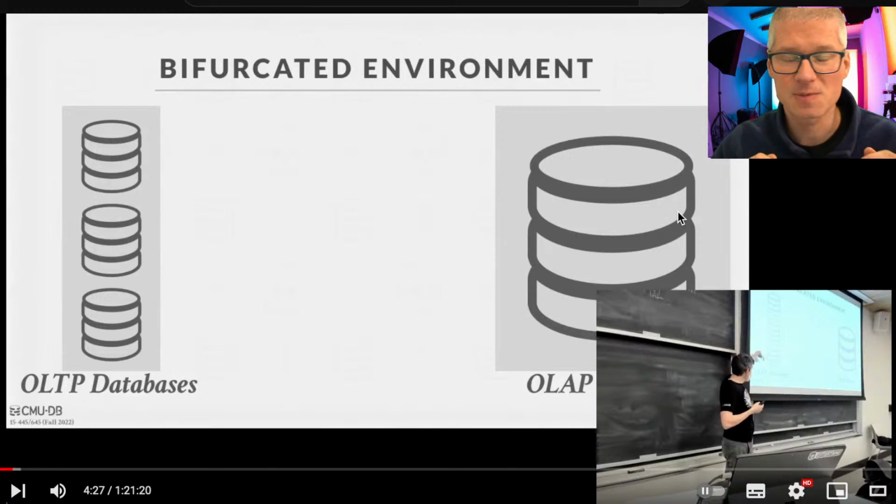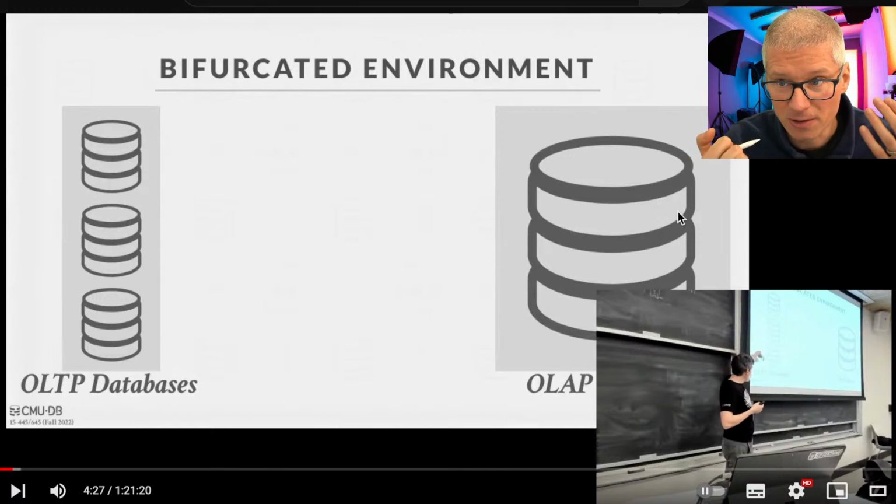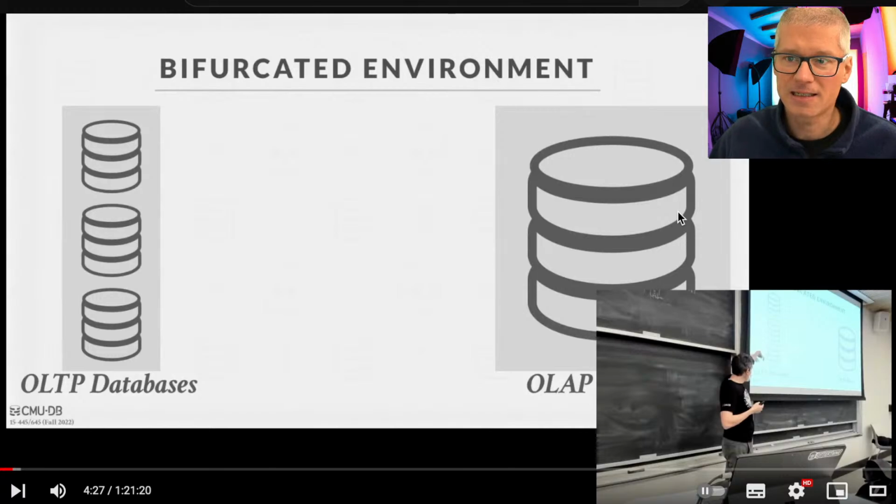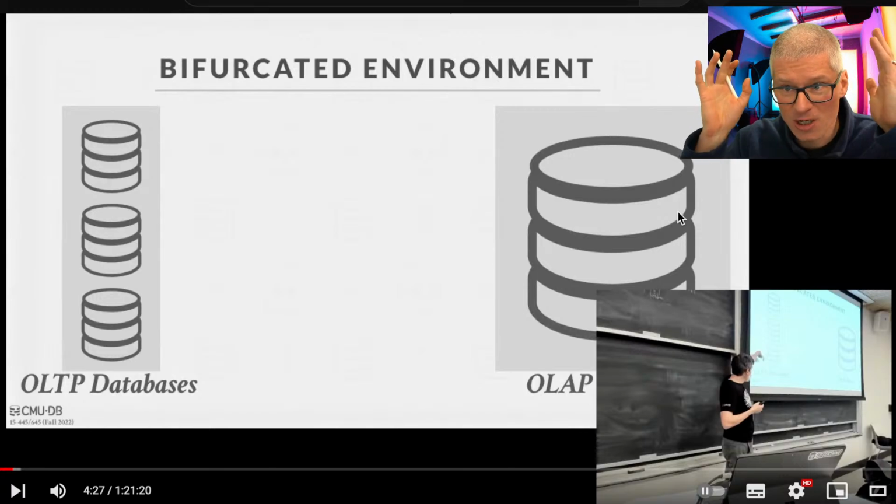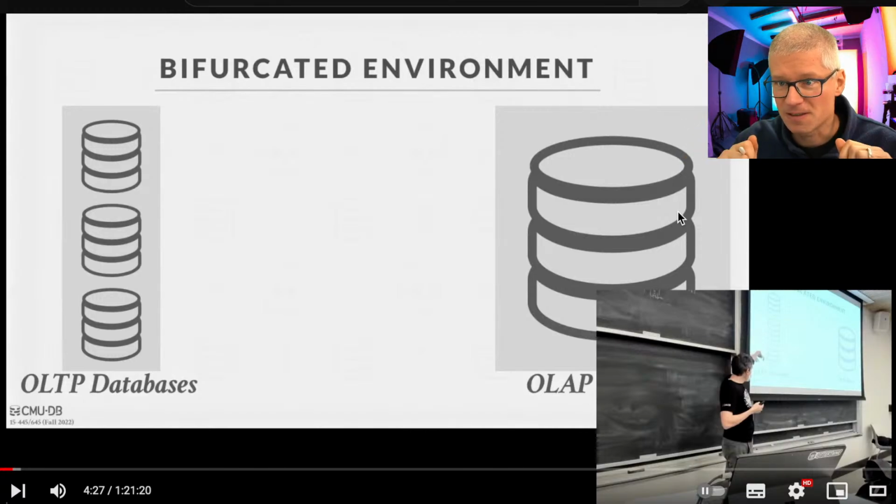So OLTP systems are typically part of a bigger application stack. Somewhere underneath, in the middle of that stack, there's a database system that's called an OLTP, online transaction processing database. And on the right side, you see an analytical database. So that's used for analytical queries, large group by statements that ingest a lot of data, that do analytics across multiple OLTP databases typically.